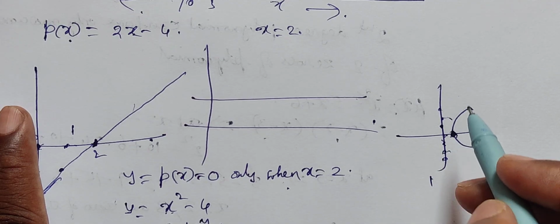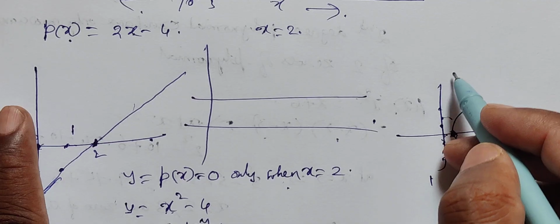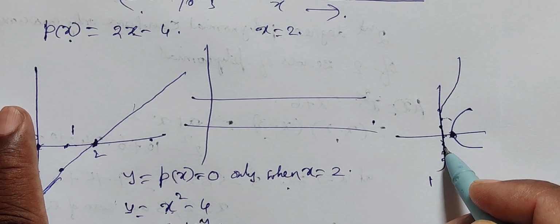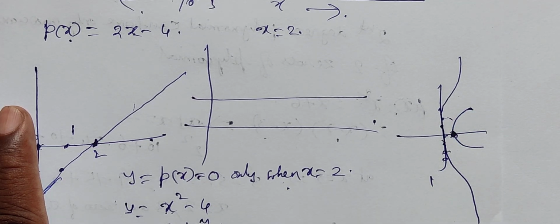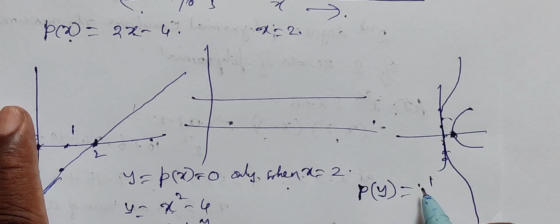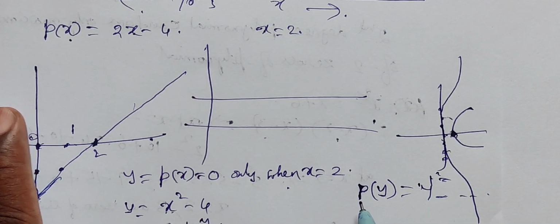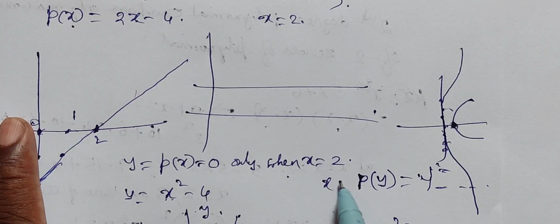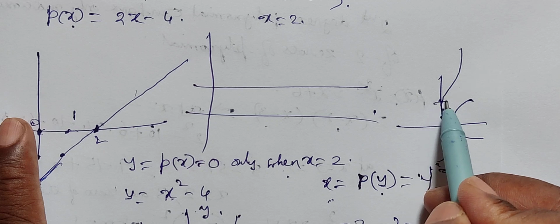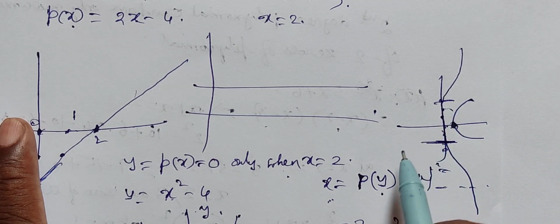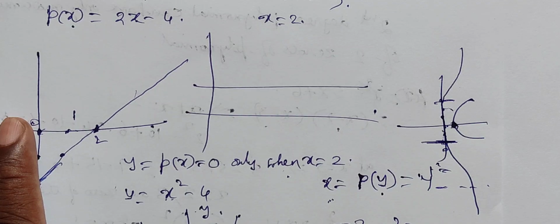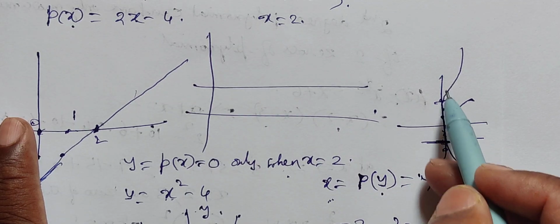Or if a graph is continuously growing like this, some graph, and this is given in terms of p of y, p of y is some y to the power something. So this is called x is equal to p of y. So for what values of y is x becoming 0? From this point to this point. In between, if there are multiple points, there may be multiple values. So for all the values of y in this range.